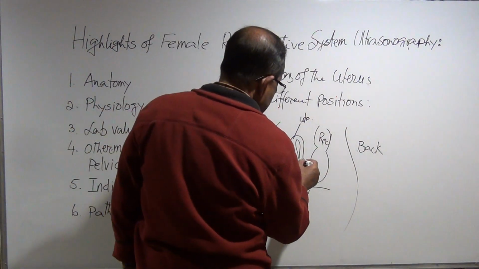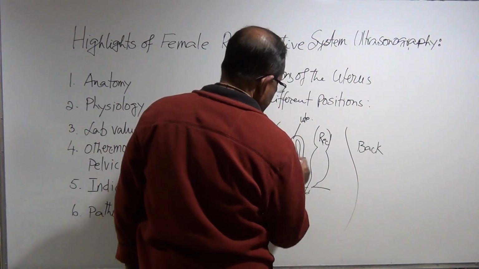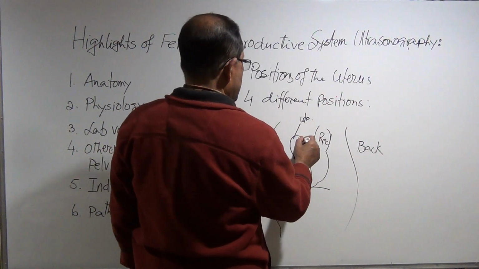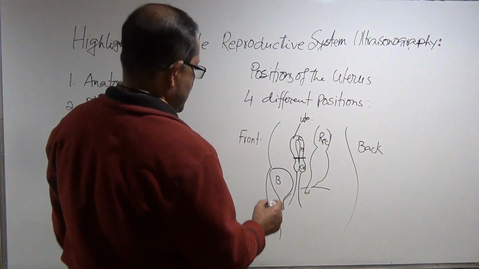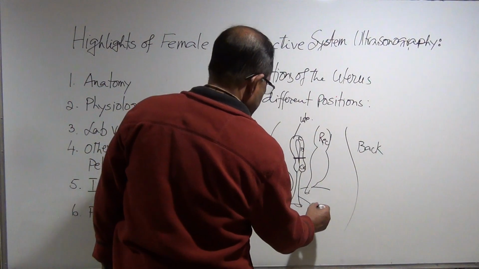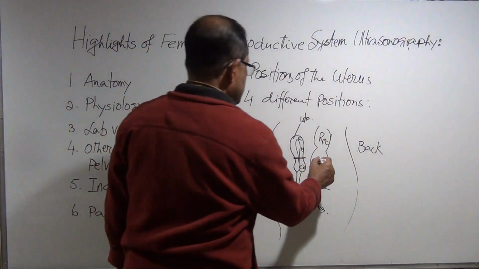This is isthmus. This is fundus and this is body, this is cervix. This is vagina. Okay, so this is rectum.